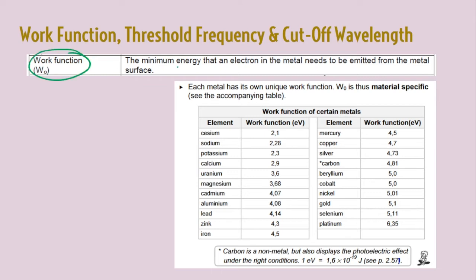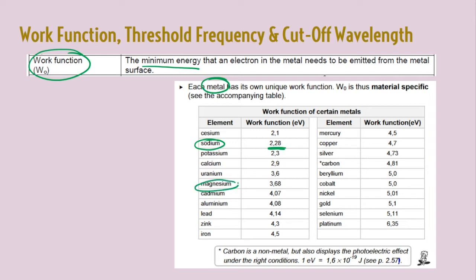Now let's speak more about the work function. We've already described it as the minimum energy that an electron needs in order to be freed from the metal. Notice that each metal has a specific, unique work function. Sodium, for example, has a work function of 2,28.